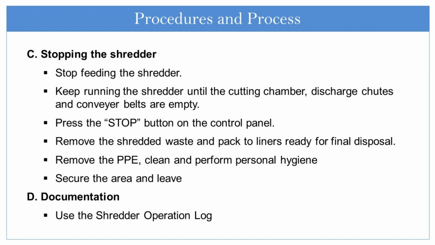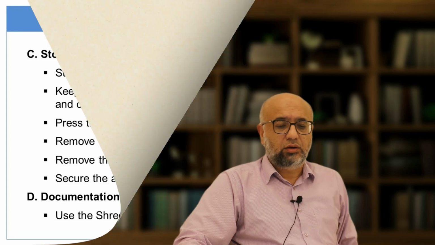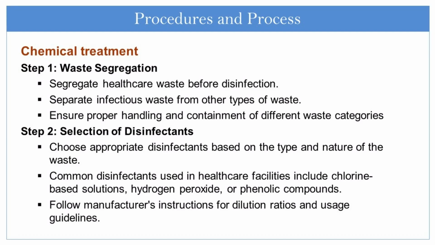Press the stop button on the control panel. Remove the shredded waste and pack the liners ready for the final disposal. Remove the PPE, clean, fill in the shredder operation log, secure the area and leave.